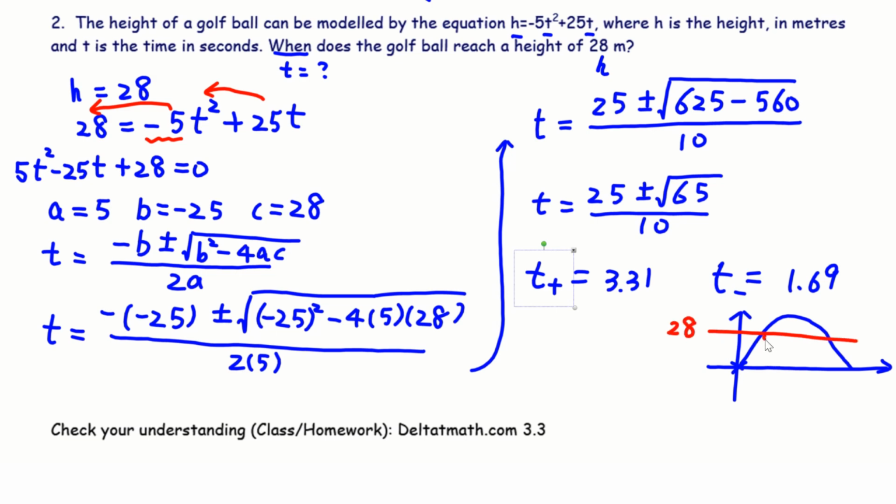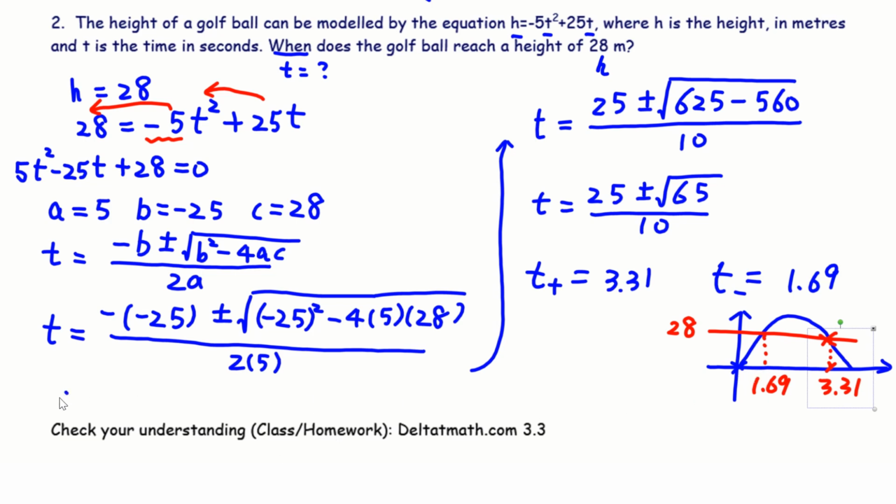Then at 1.69 seconds, the golf ball reached 28 meters. Then after a couple of seconds, at 3.31 seconds, it reaches 28 meters again. So you do have two solutions for this question.